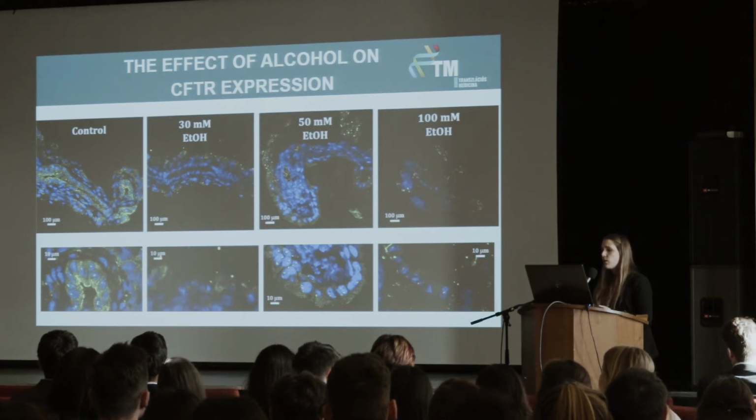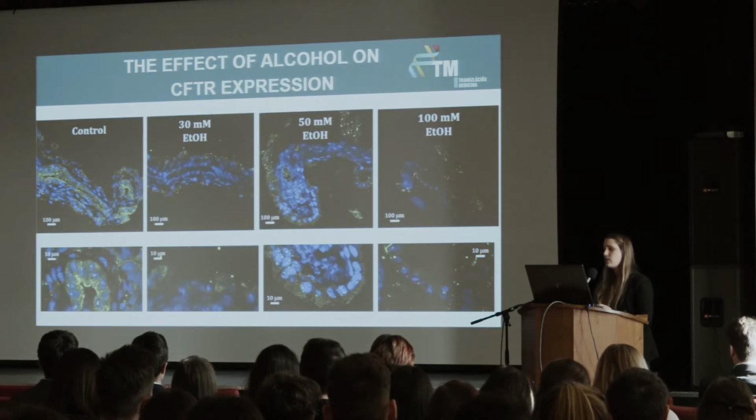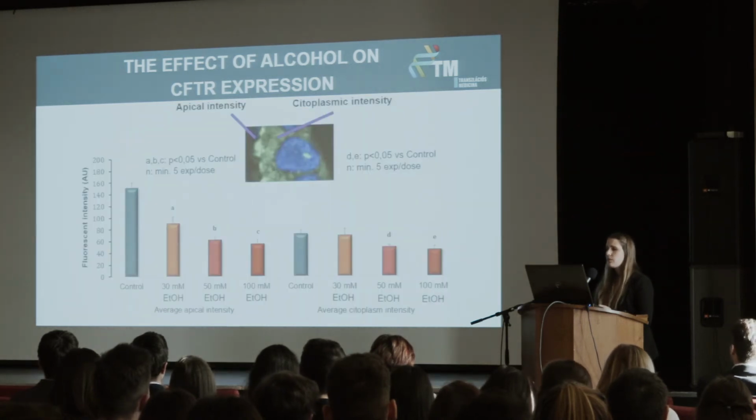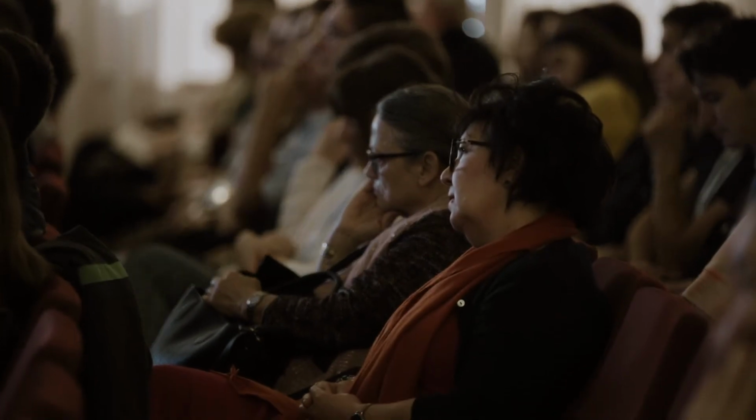And due to the alcohol, the expression of this channel is almost completely destroyed, and also the histological structure of the pancreatic ducts is damaged. We quantified our results, and you can see the decrease of the fluorescent intensity due to the damage of ethanol.